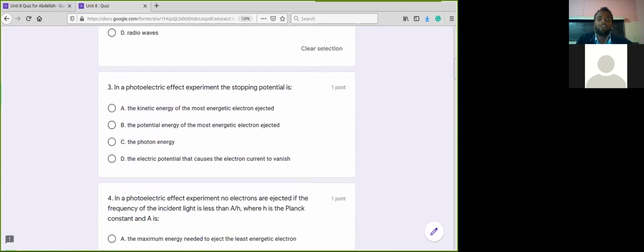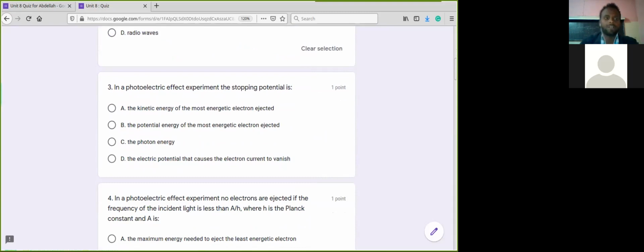In a photoelectric effect experiment, the stopping potential is A, the kinetic energy of the most energetic electron ejected, B, the potential energy of the most energetic electron ejected, C, the photon energy, D, the electric potential that causes the electron current to vanish.